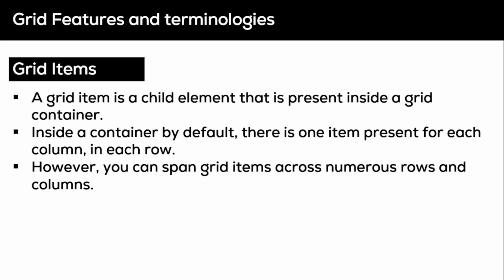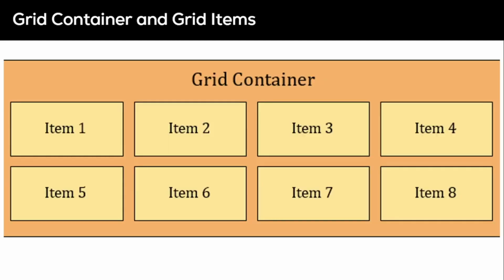A grid item is a child element that is present inside a grid container. Inside a container, by default, there is one item present for each column in each row. However, you can span the grid items across numerous rows and columns. So we're going to look at what that means.